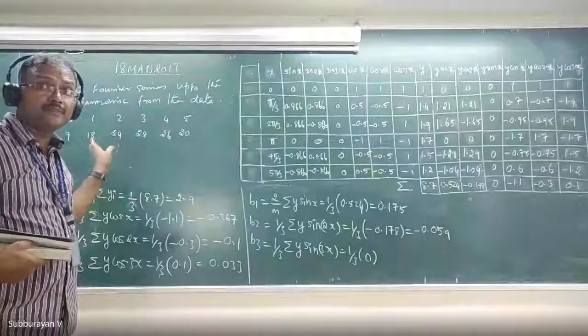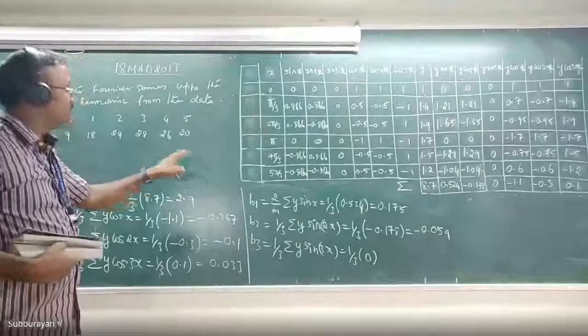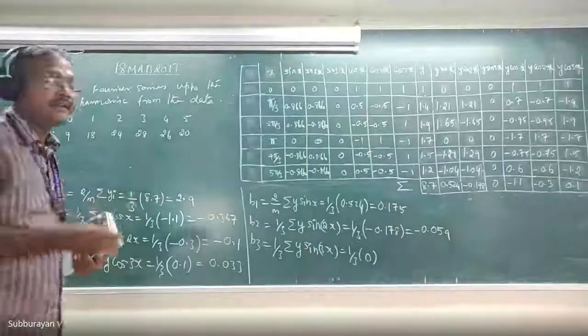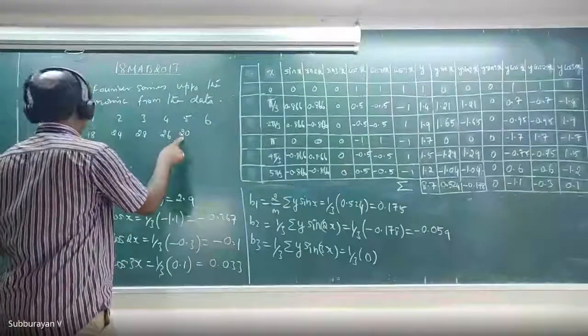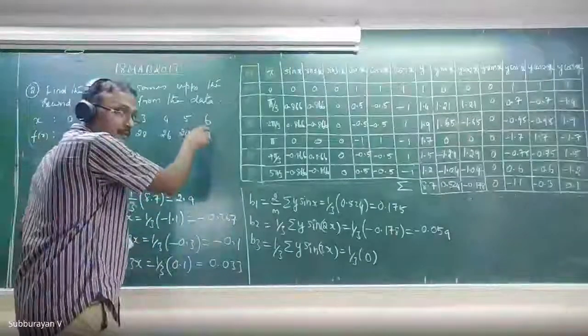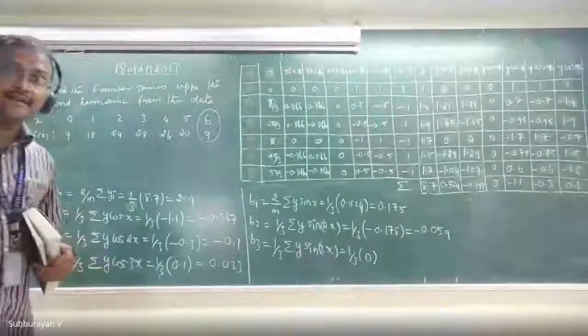Therefore this is not preserving periodicity. So first we have to include one data point: at x equal to 6, the value of f is 9. This is not given in the problem, but we are introducing it in order to make the data periodic.